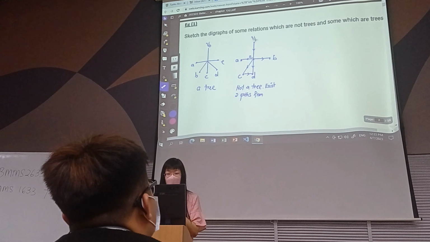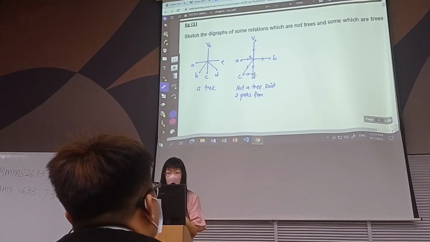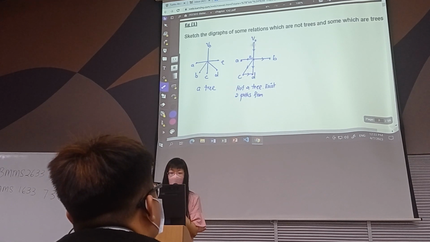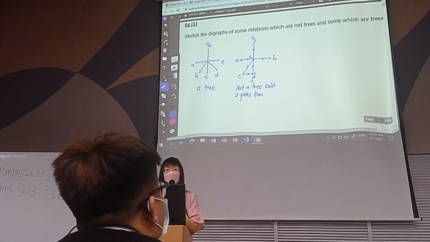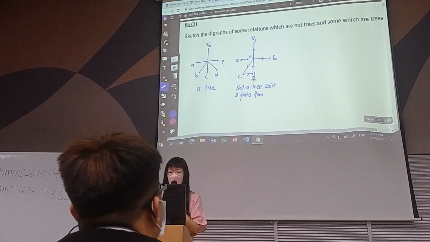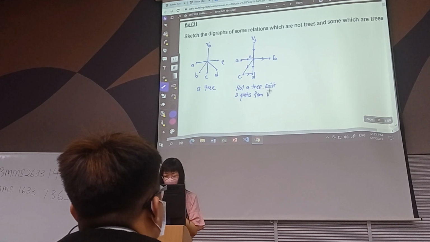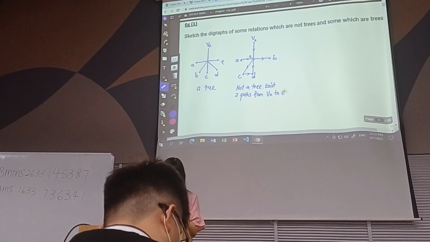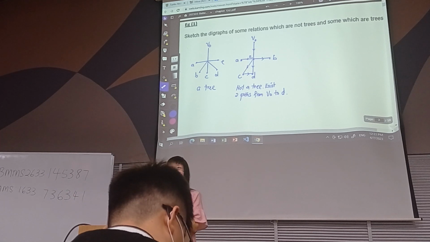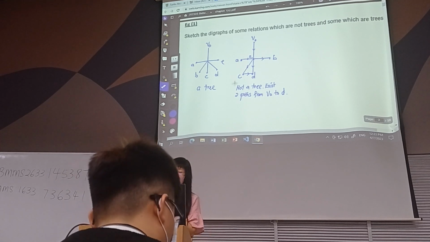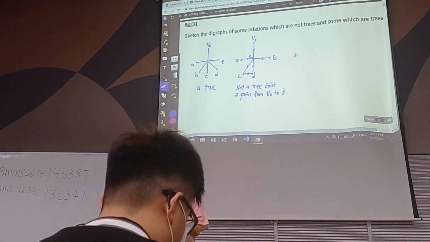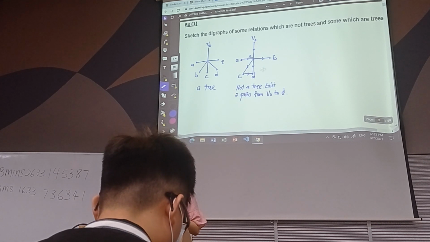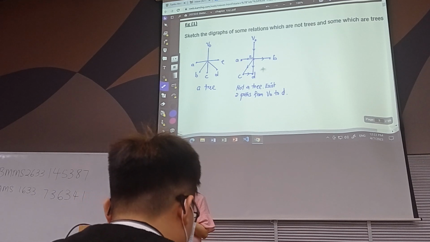One is V0, E, D, and another one is V0, E, C, D. 2 different paths go to the same destination from V0 to D. If this happens, then it is not a tree. Okay? So now we have this condition to determine a tree or not.